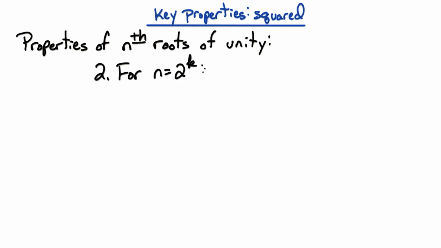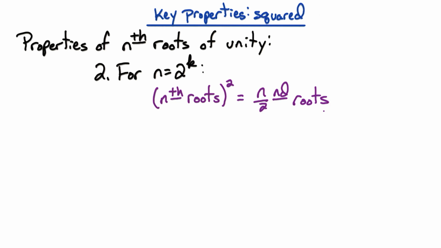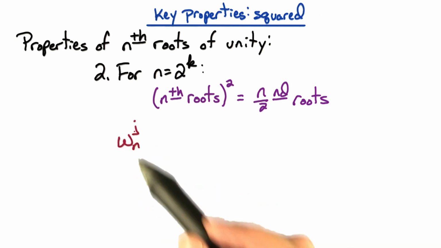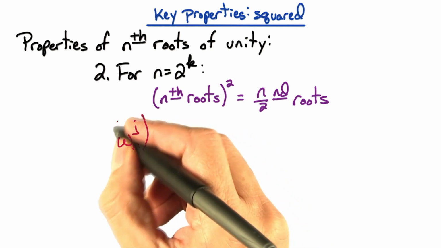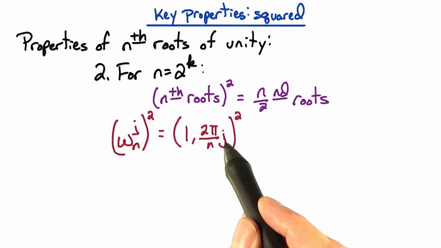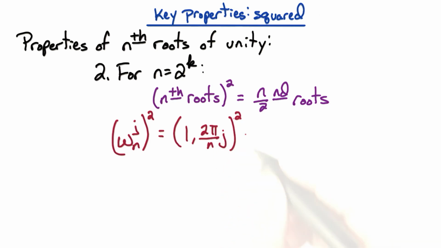The second key property holds when n is a power of 2. If we look at the nth roots squared, we get the n over 2nd roots. So if we take the jth of the nth roots, so omega sub n to the jth power, and we square it, so in polar we're taking the point (1, 2 pi over n times j) squared. So we simply double the angle.